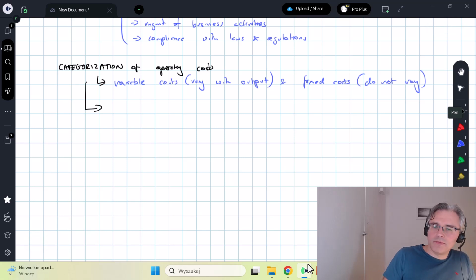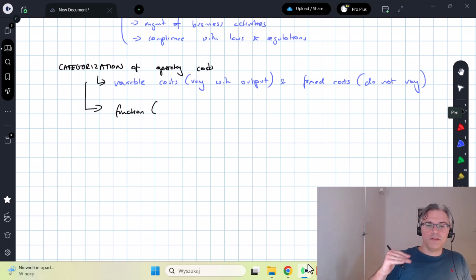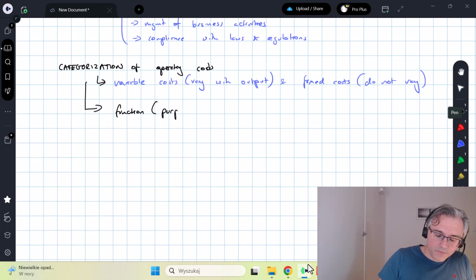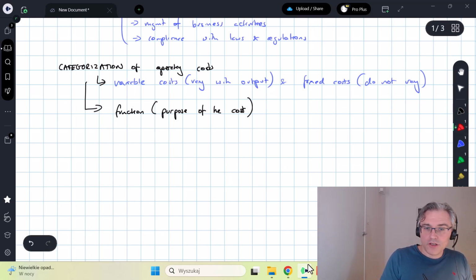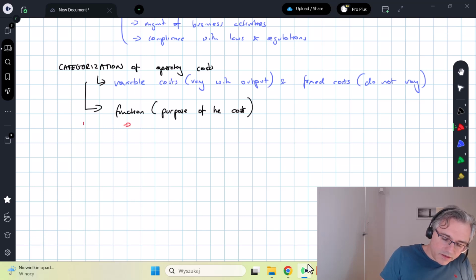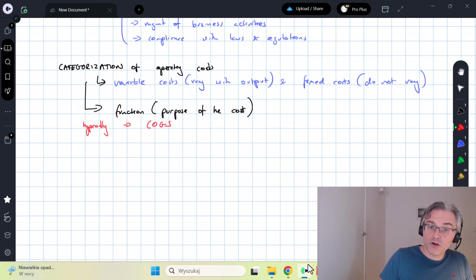Then there is the split by function, which you'll typically find when you look at financial statements, because in the financial statements, operating costs are indeed most typically split on a by function basis, where a function means the purpose of the cost. So, I'll show you an example in a moment. The split will typically be, there are many different ways to do this, but cost of goods sold, COGS, being one at the top.